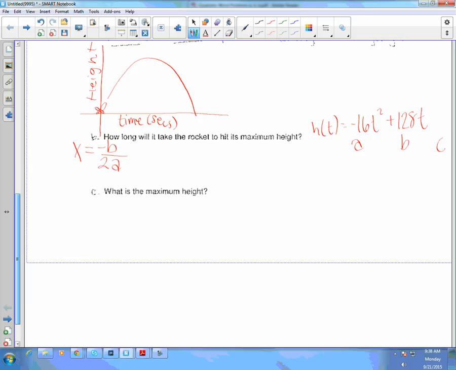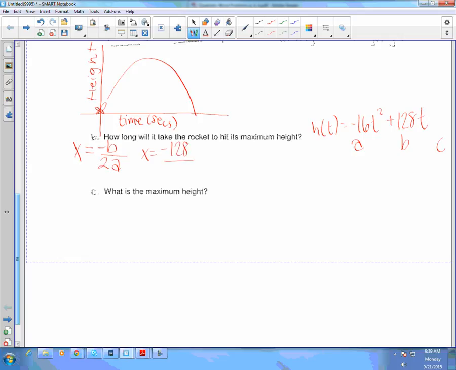We need to know A, B, what is C? C is 0, there's no constant. A, B, C, and we have to plug in there. Okay, Megan, what is our B value here? Just the number, the coefficient. A, B, C. What is B? 128. Okay, but we need to put a negative in front of it.